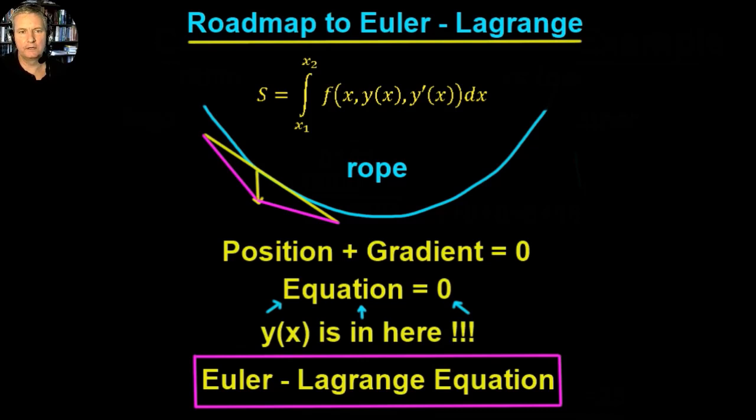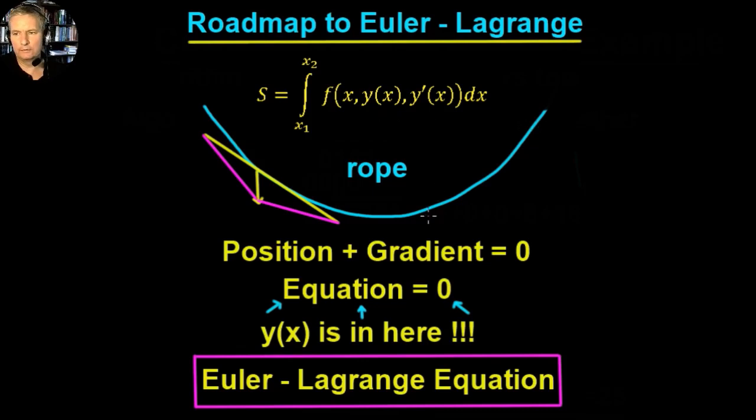But we've seen in a previous video that in order to generalise this and get away from the idea of a rope, we could just say that there's some value here, S. Now we've been using the idea of S being minimised, but that might not be the case. It might be the case that S is maximised, or it might be a point of inflection.